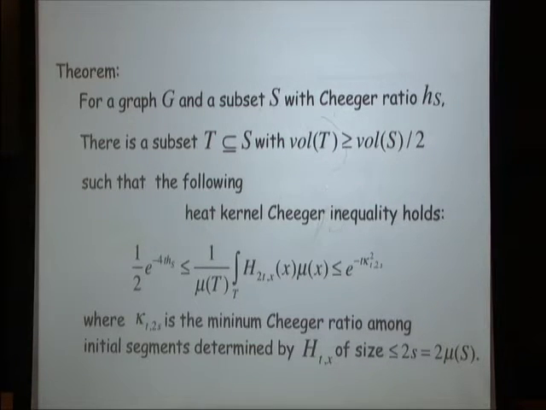do partitioning, local partition algorithms, in the following sense, sort of Cheeger-like inequalities. So all you need to know is you order all your vertices according to this. So this is a vector, right? You choose a point randomly, okay? Hopefully in your subset T. Then you order all your vertices according to this function.